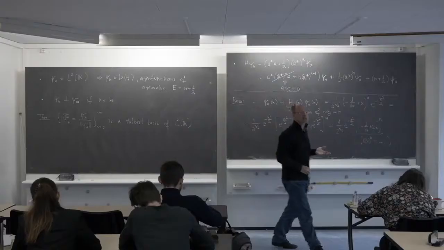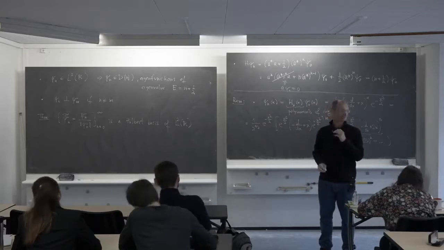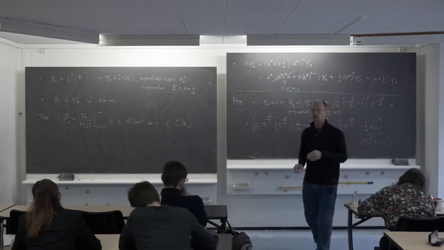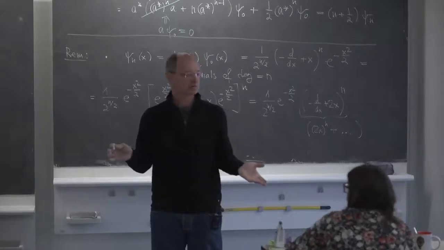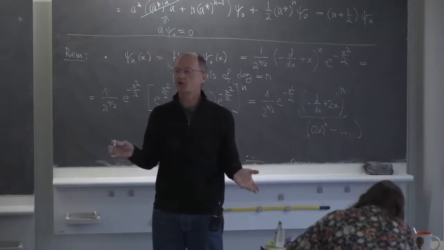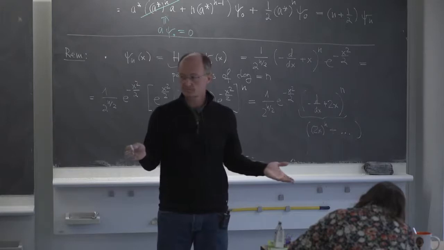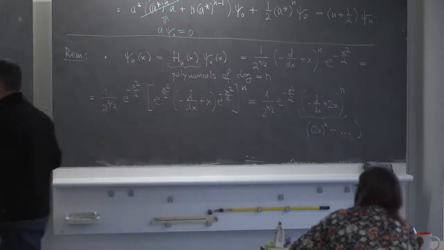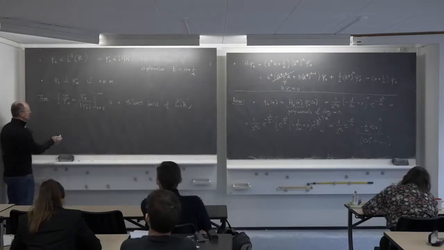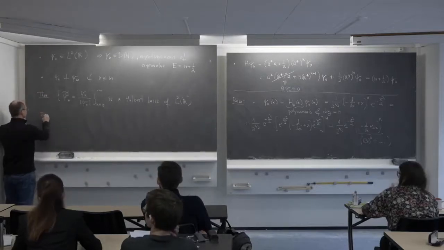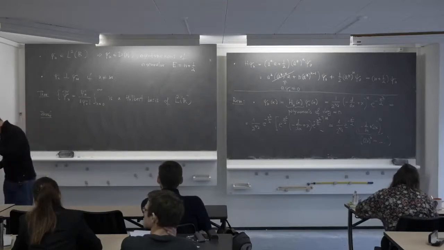Maybe just a test question: what could actually go wrong? They are elements of L2, they are normalized, they are orthogonal to each other. Why could it not be a Hilbert basis? It could be not a complete system. Sure, that would be the issue. Let me start the proof.